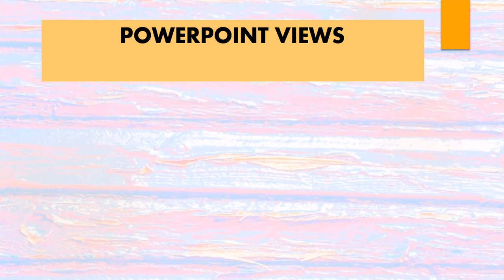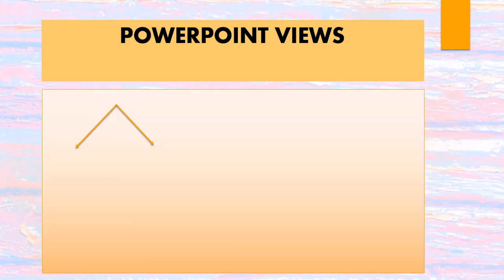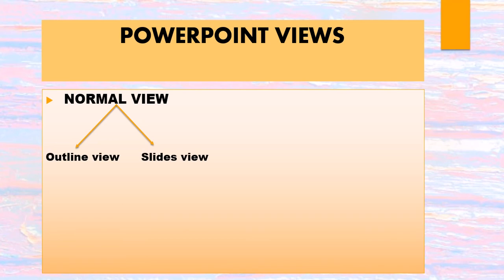Students, PowerPoint views help us in various ways while creating our presentation. The three basic views in PowerPoint are, the first one is normal view. Normal view is basically divided into two subcategories, outline view and slides view. Before proceeding further, first of all we'll learn about normal view.